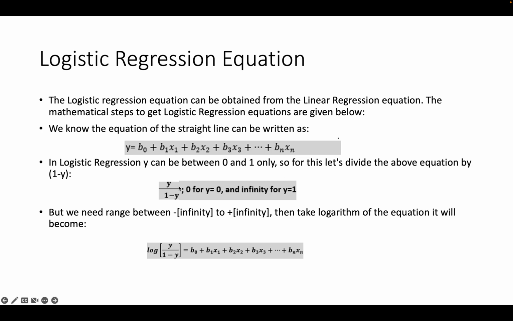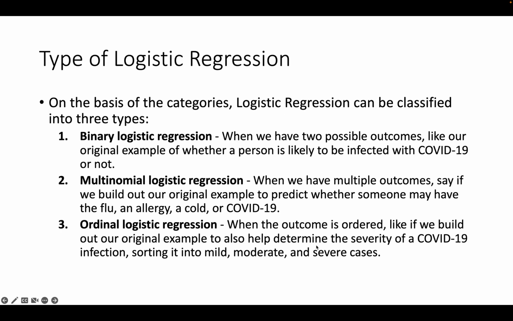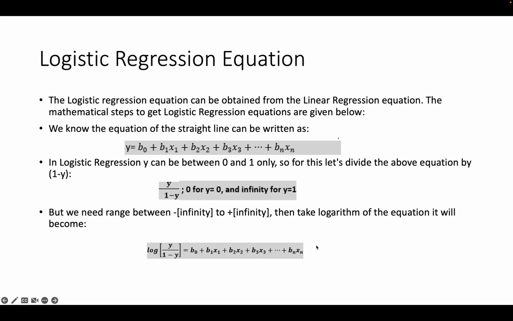Y upon 1 minus y, therefore 0 for y equals 0 and infinity for y equals 1. Because 0 is defined as 0 only and infinity is 1. But we need a range between minus infinity and positive infinity. Then take the logarithm of the equation, it will become log of y upon 1 minus y. Okay, y is either 0 or 1, and then the equation for the straight line. Okay, I do not know how he is going to ask this, but yes, understand it a bit.